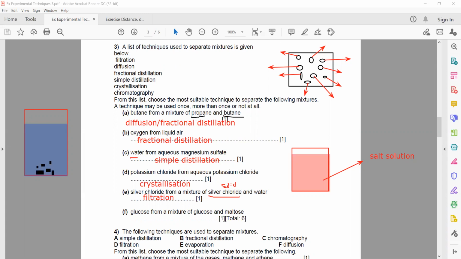Normally the correct answer is chromatography, in that sense that you have a sample or a mixture of a dissolved sample of glucose and maltose. So in that case, you can use chromatography. Is it clear? Question 3. Anyone having a doubt? Any question or a doubt in 3?